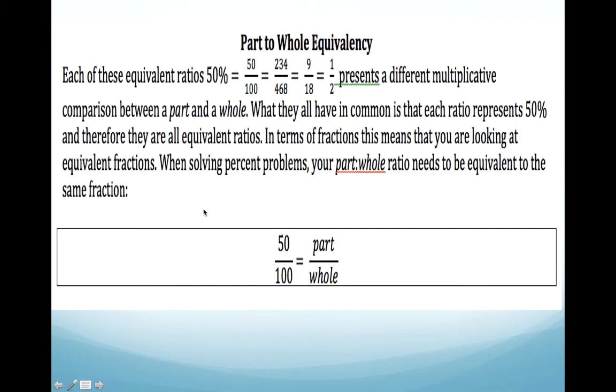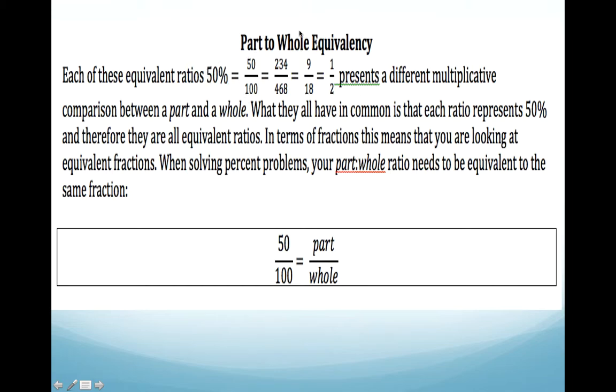Each of these equivalent ratios that we talked about so far for 50%, 50 over 100, 234 over 468, 9 over 18, 1 over 2, or any other equivalent fraction, represents a different multiplicative comparison between a part and a whole. What all these have in common is that each of these fractions is 50%.